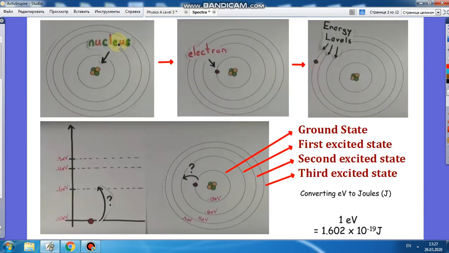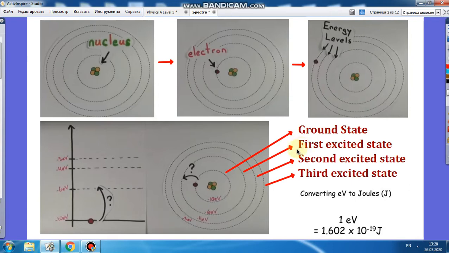Again, we have a nucleus containing protons and neutrons, and an electron is in the first orbit or in the ground state. Ground state is the lowest energy level state of electrons. If we give enough energy to electrons, it can jump to the next orbit or to the first excited state.